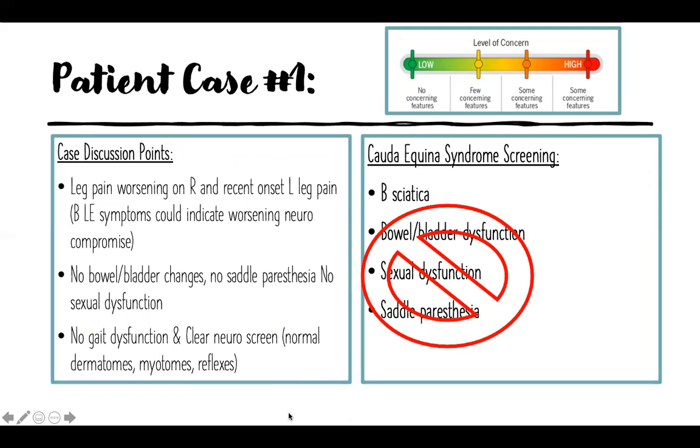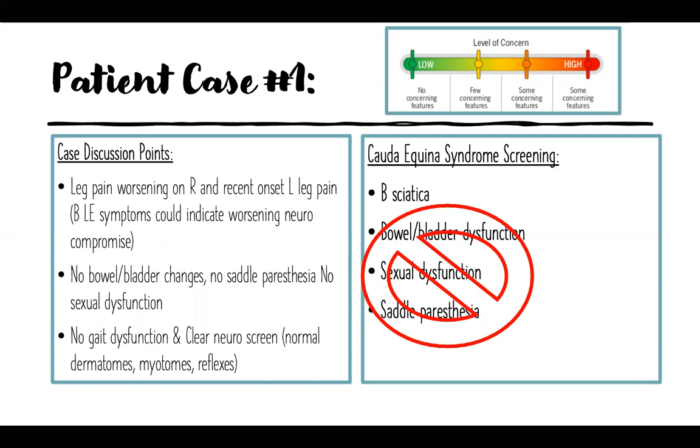So some discussion points from the case. Like I said, we do have this bilateral radicular symptoms or sciatica type symptoms, but no real bowel or bladder or sexual dysfunction, no gait dysfunction. Neuroscreen is normal, which could further necessitate a more serious level of concern.